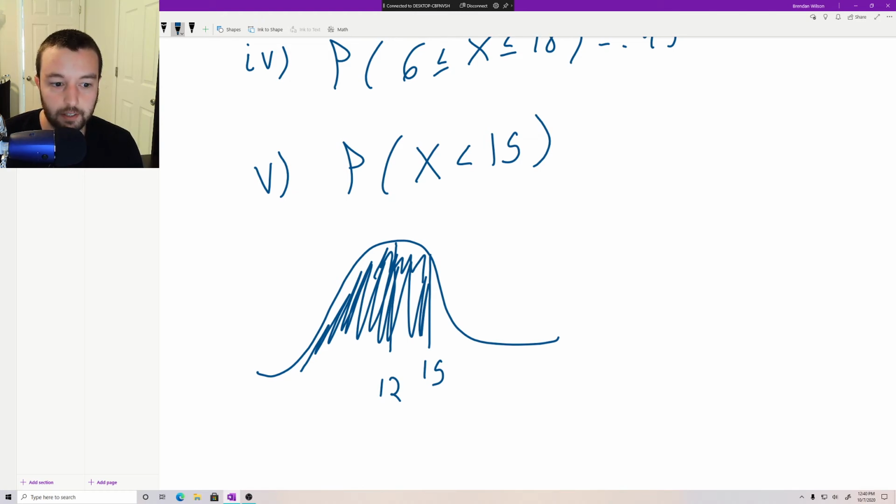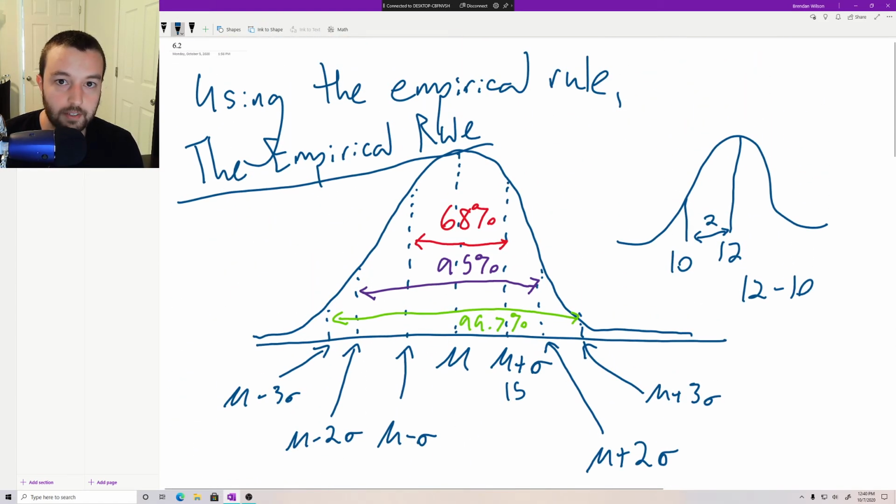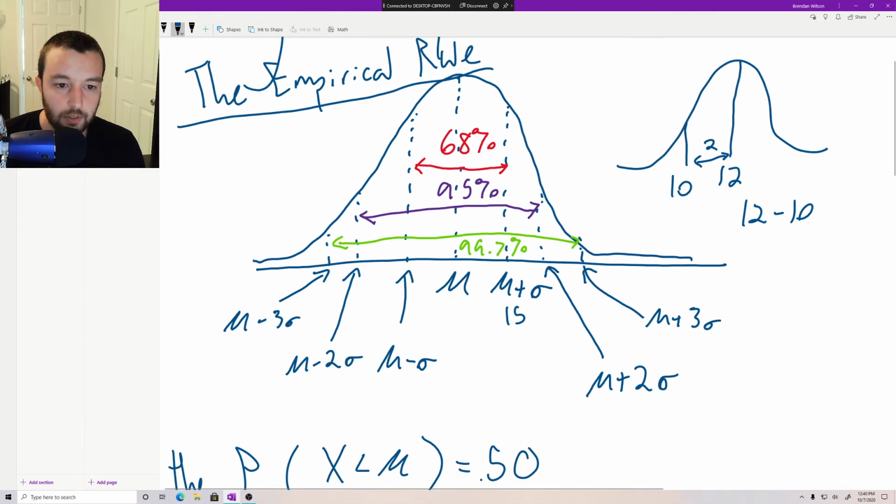We can't find the area underneath curves, but we can use the empirical rule. The empirical rules that we have with the 68 and the 95 and the 97, and put that all together. Okay. First of all, we know that this region is 68%. Okay. So we know it's going to be more than 68%. So we're essentially looking for, okay, what about these 3 regions here? Okay.